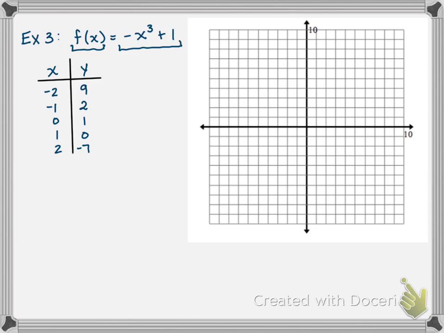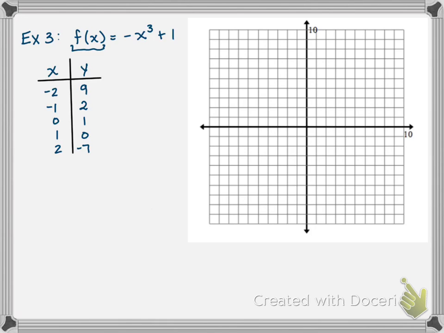Okay, so this one, because it's x to the third, you can kind of get away with doing this one either way, but I want to make sure to talk about having that negative out front, because if this was x squared or x to the fourth, then it does affect the answers where you put the negative.